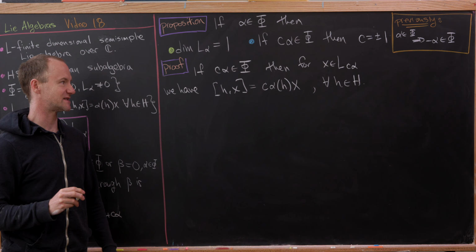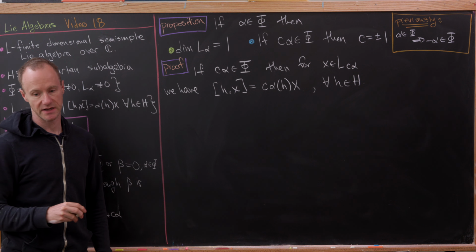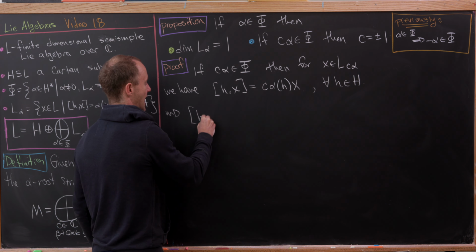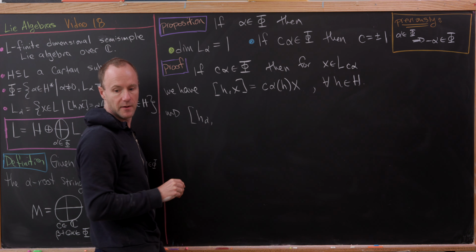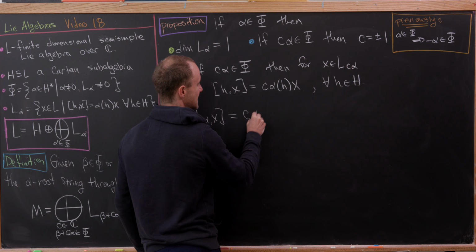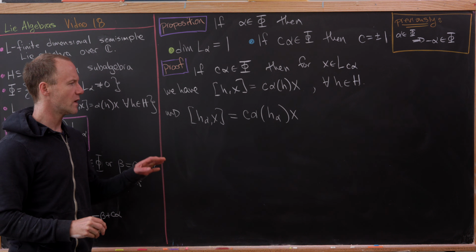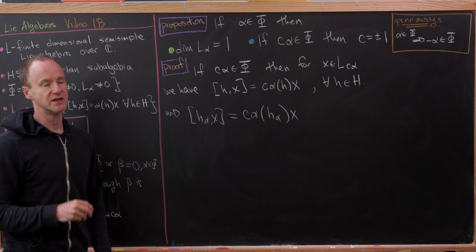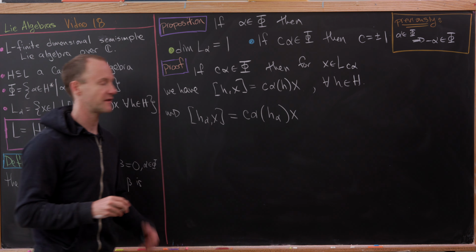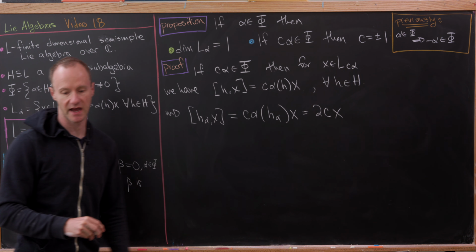So that's just the map C times alpha, or really C times the map alpha acting on H. So in particular, what do we have? Well, we have H alpha on X will be equal to, let's see, C alpha H alpha times X. But we know what alpha acting on H alpha is, just based on the fact that that forms like an SL2 triple arrangement, and we know that that's going to be 2. So this gives us 2 times C times X.